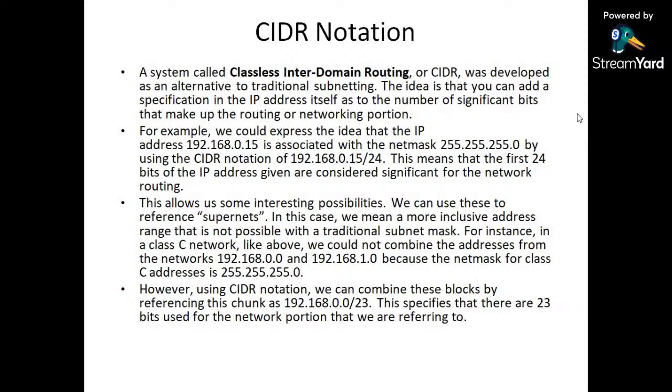Thus we get some interesting possibilities: we can create supernets. In this case we can use an address range that is not possible with the traditional subnet mask, for instance in class C networks, where we could not combine addresses from different networks, because the net mask for a class C address is 255.255.255.0. Using CIDR notation, we can combine these blocks by referencing the chunks as 192.168.0.0/23. This specifies that 23 bits are used for the network portion.